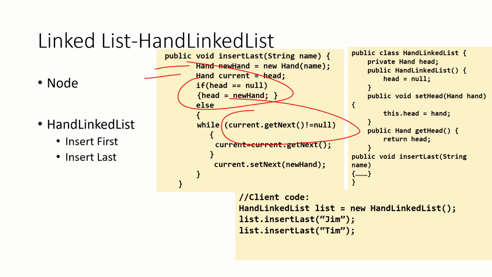If it's not, we move forward to the next one until you find something that is None, right? Once you find that one, you know the current one is the tail, right? You jump out of the while loop and set next to the new one, right?